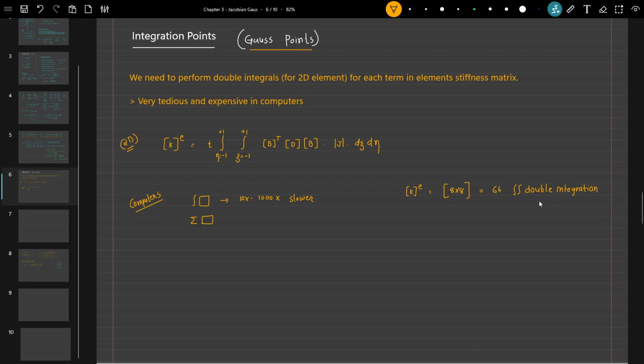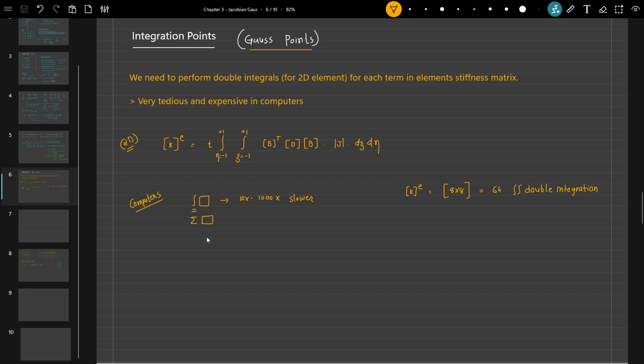Now there could be a million or 10 million elements in FEA. In real industrial cases, 1 million and 10 million are very common. So imagine how slow the computations are when we perform double integrals on a model of this level. And we are talking only about double; with triple integrations, the speed is even slower.